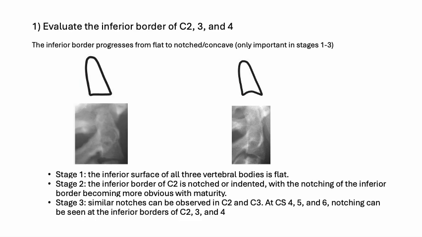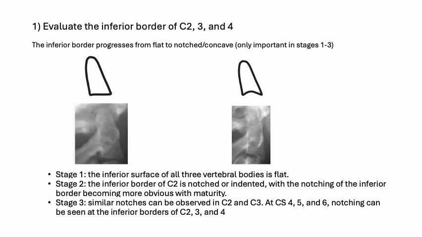In stage 3, the salient feature is that C3 will also develop a concave inferior border. So stage 3 is defined by C2 and C3 having a concave inferior border. And C4 will still be flat or perhaps slightly convex.